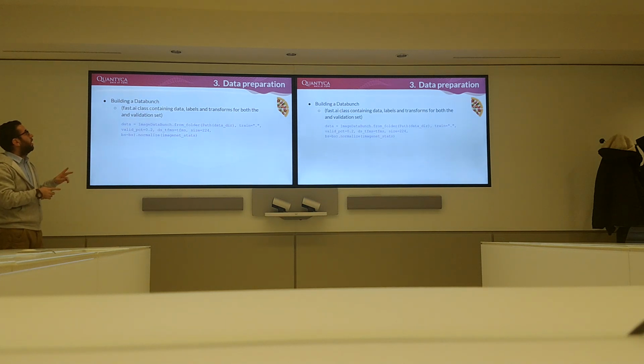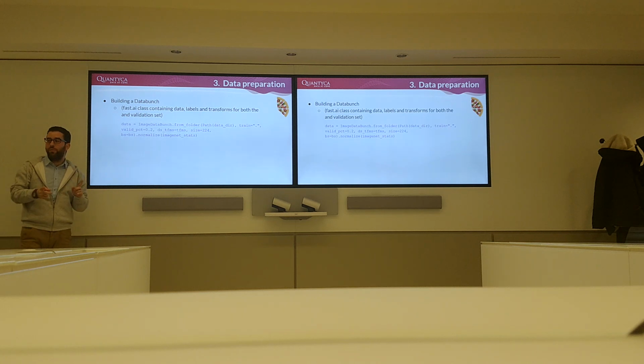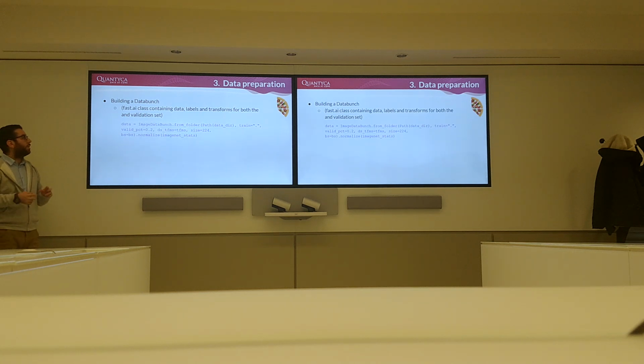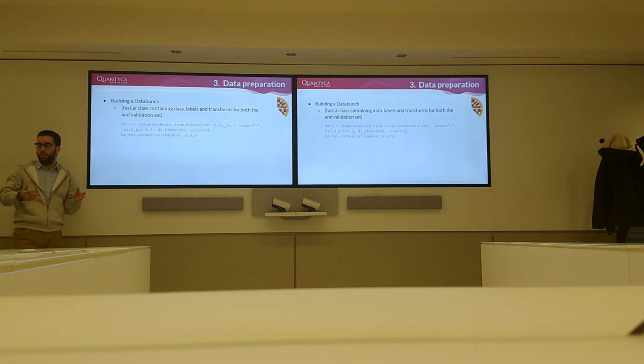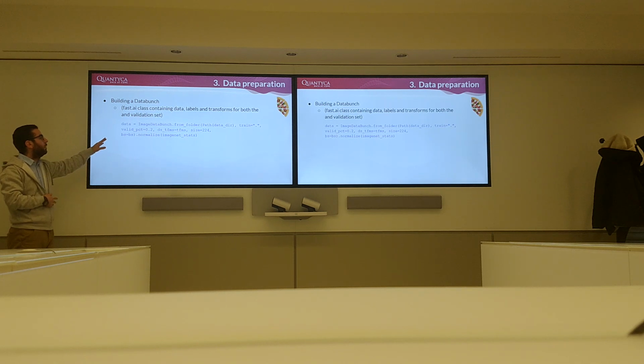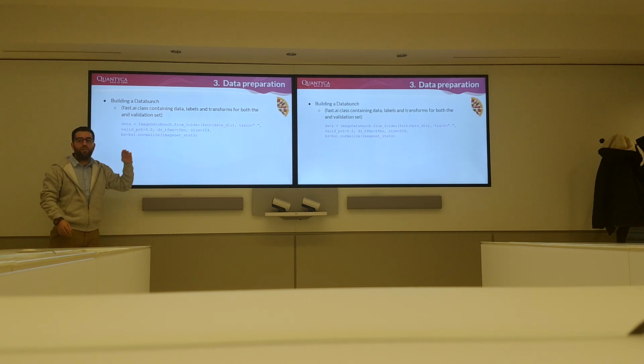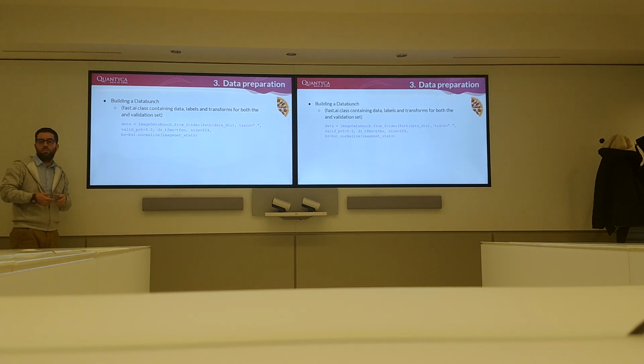So, the third slice of pizza is building a data bunch. A data bunch in FastAI is an object, a class, containing all the data the model needs to be trained on. This is the code that I used. I specify a folder where the images are, and I say how the train set and validation set are divided.